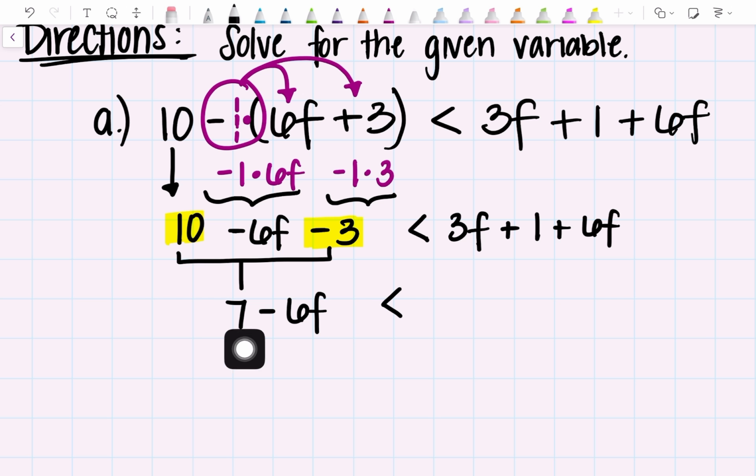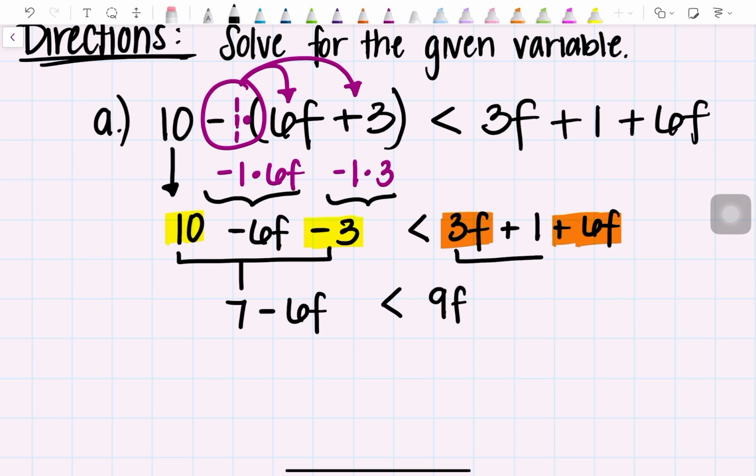I can't combine anything else here because this has an f and this doesn't. So let's move on to the other side. I could combine the 3f and the 6f. Notice they're both positives, so that would give us a 9f. If I combine these two, it gives us 9f plus 1.